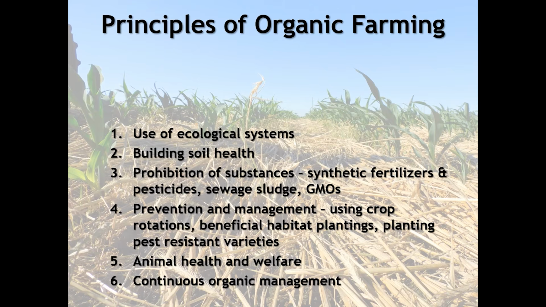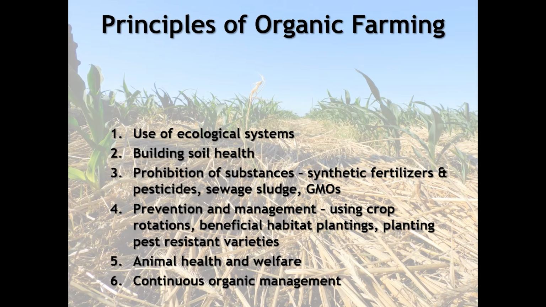So they talk about animal health and welfare among the principles. And once you get started in organic farming, you are supposed to follow these principles and continue organic management. Otherwise, you lose your organic certification.